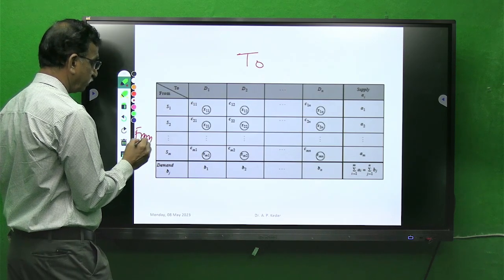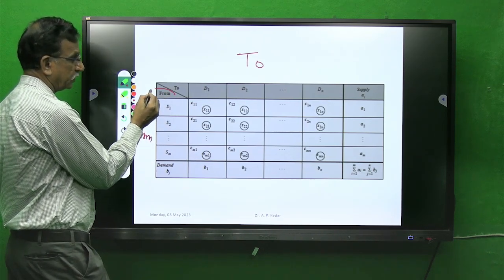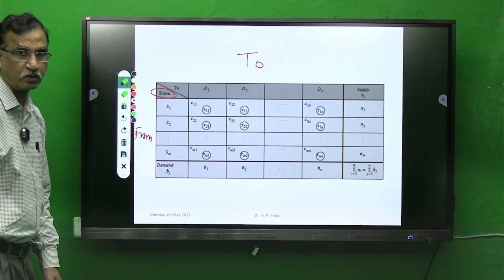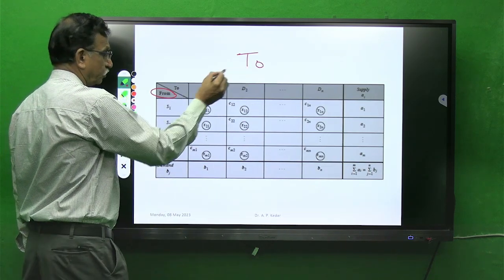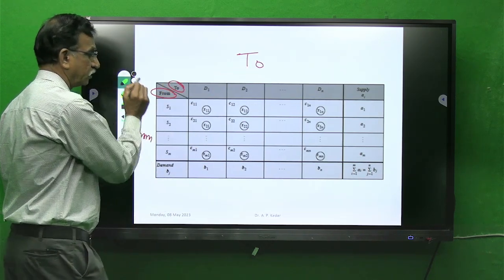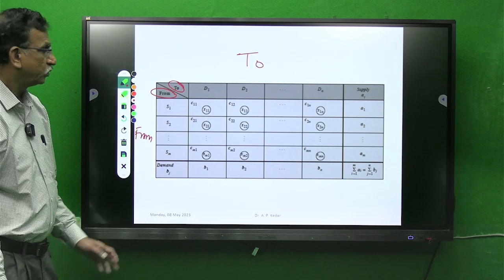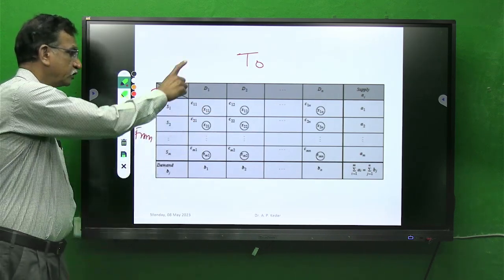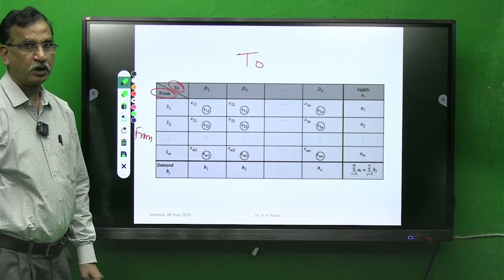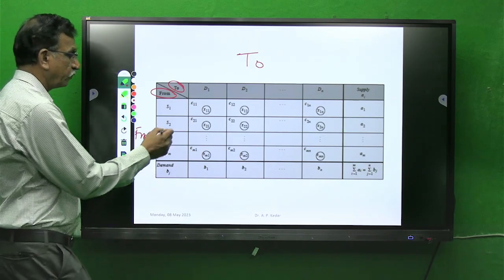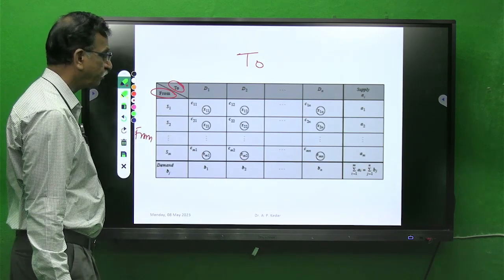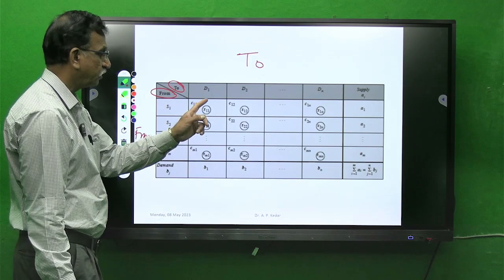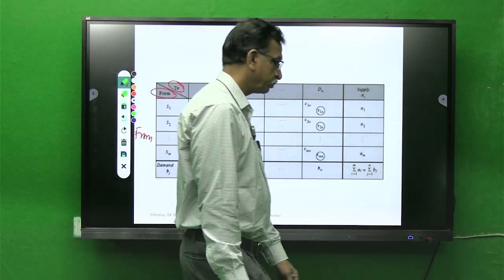So this from which I have written here is written here from, this 2 is written here 2. So row wise it is from, column wise it is destination, and then we can find some values of C11, C12 in this particular matrix.